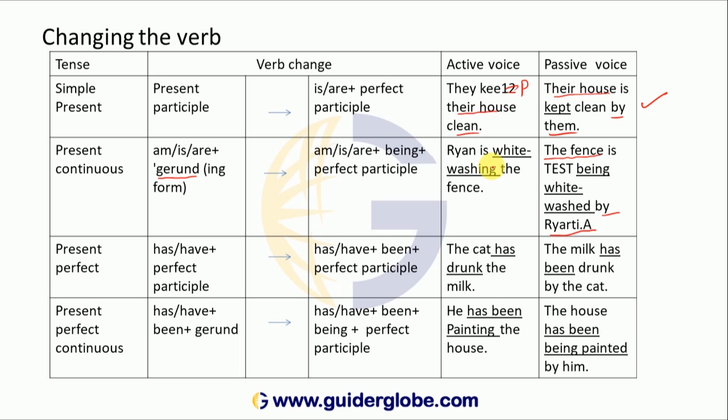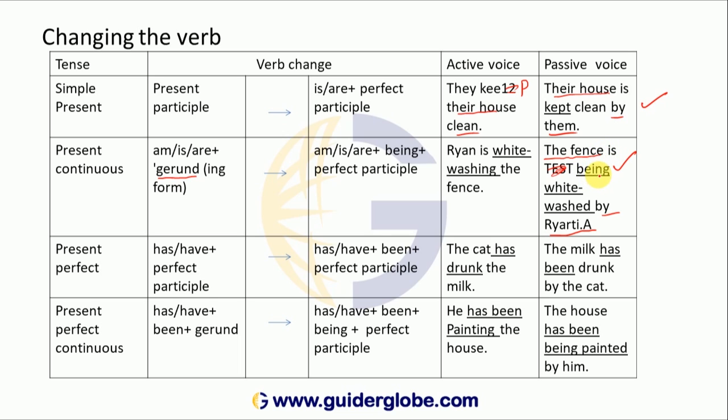Is whitewashing means present continuous. Whenever continuous is coming, whether past continuous or present continuous, always the fence is. The fence is continuous.